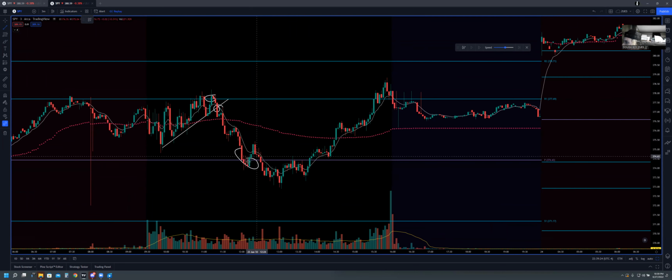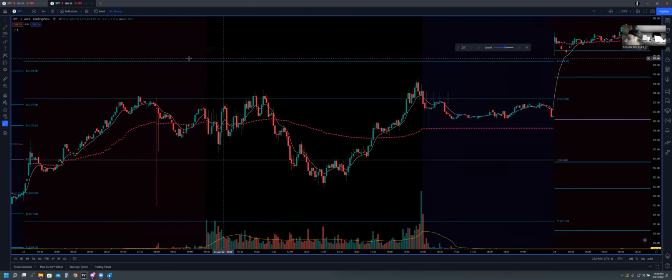Right here, I wouldn't say it's a bear flag, but we did break this level to the downside, and then we started trying to chop back above it, pretty much trying to reclaim it. So right here, just from experience, I would have noticed that we're double bottoming on SPY.